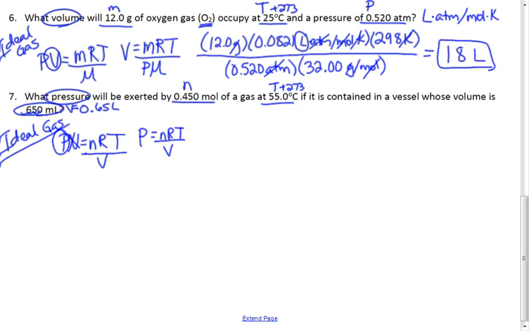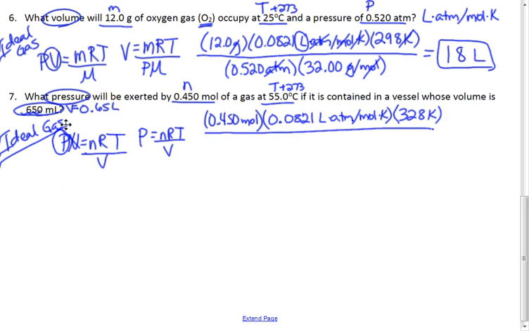So our number of moles, 0.450. We won't have to look anything up on the periodic table since they did go ahead and give us moles. We have our gas law constant, 0.0821 liter atmospheres per mole Kelvin. Our temperature, we add 273 to the 55. We get 328 Kelvin. And then we divide that by our volume once we change it into liters.